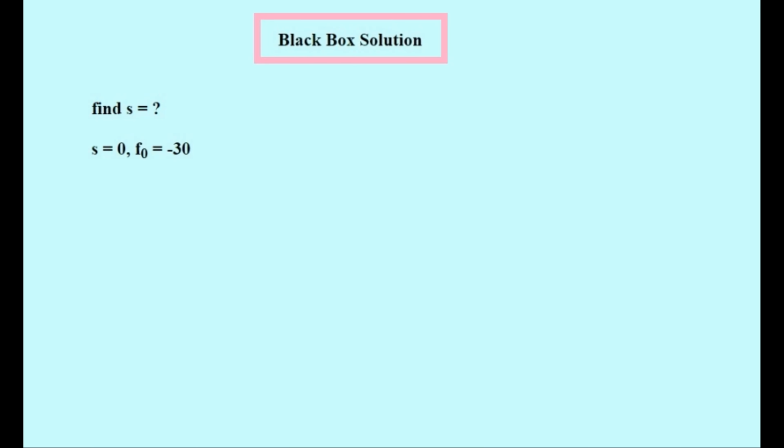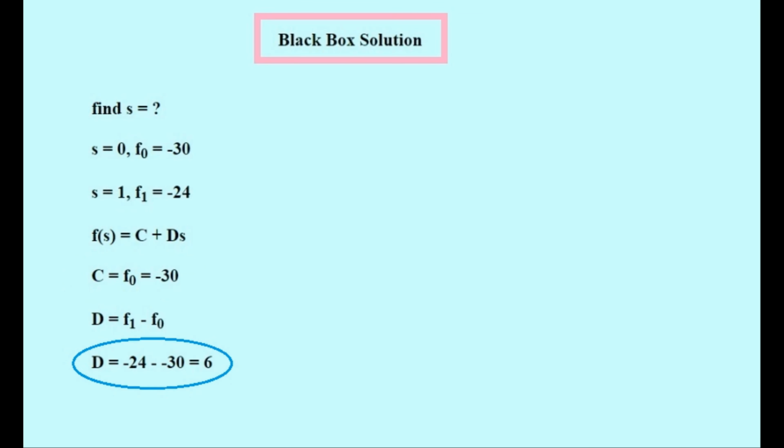So we'll let s equal 0 so as to get f0, and then set s equals 1 to get f1. Then we'll try to match it to a linear function as shown. This is the value of the constant, and this is the coefficient of s, or the slope of the line.